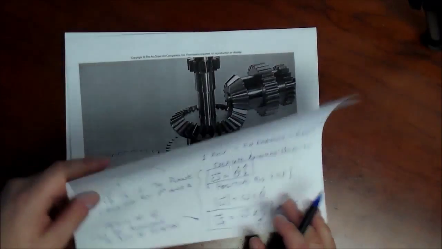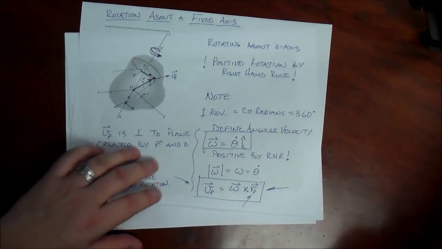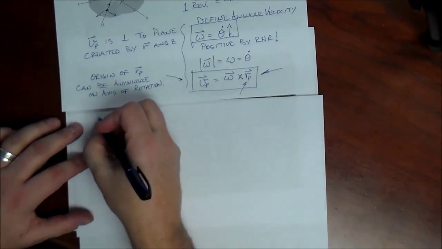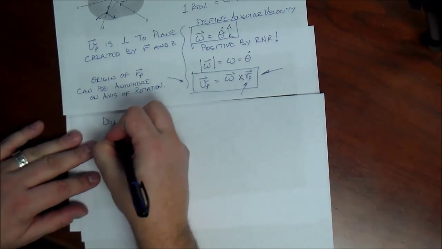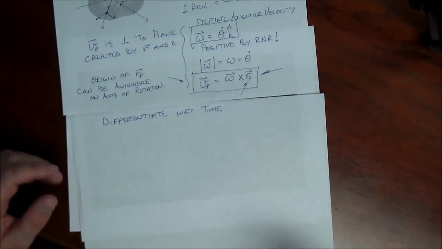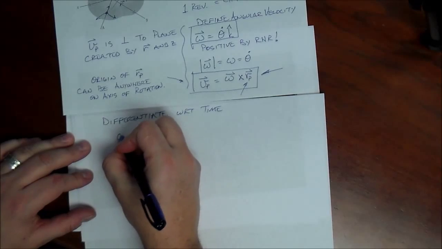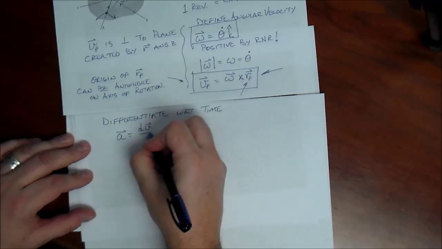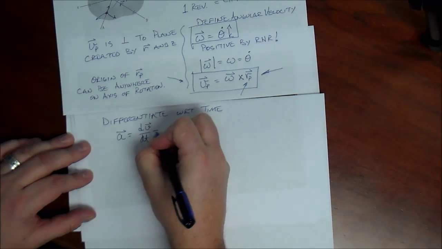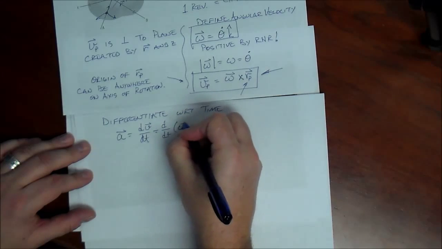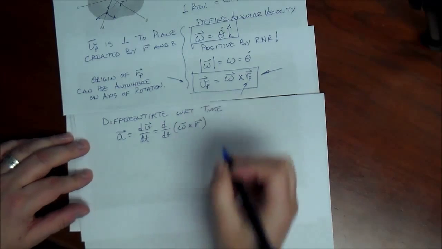Now if we take that relationship for velocity and differentiate with respect to time, we'll get the acceleration. So the acceleration is equal to the time rate of change of velocity. So that's the time rate of change of omega cross r.